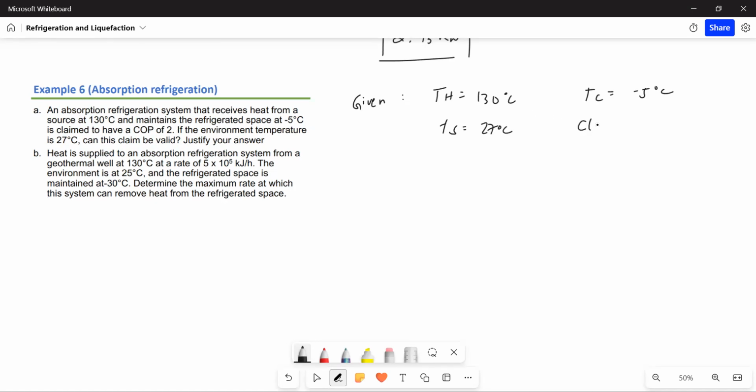The claimed COP is 2. So the required is whether this claim is true. Okay, that's right. Is the claim true?